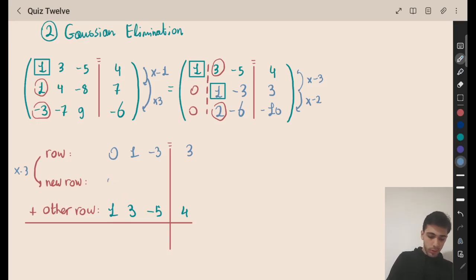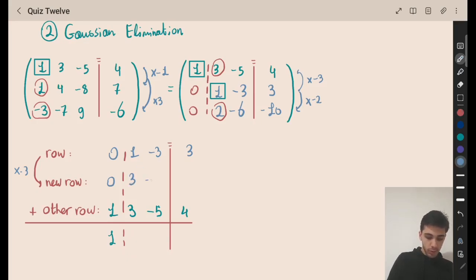So we multiply this by 3. 0 times 3 is 0. It doesn't matter. And 0 plus 1 is 1. So the value for the other row always stays the same. I don't need to worry about it. I hope that is clear now.